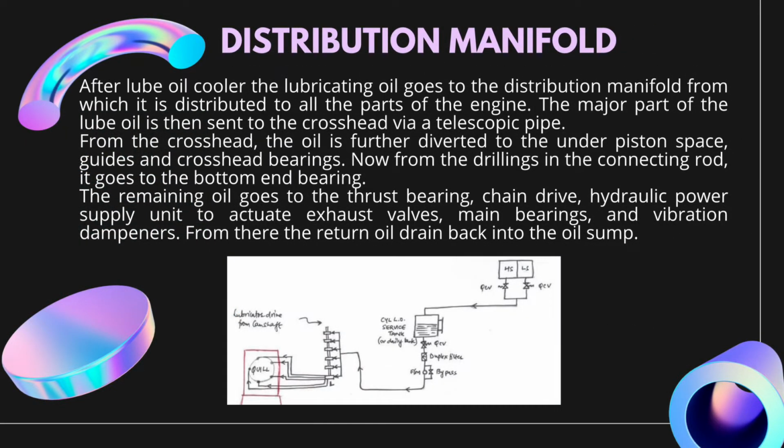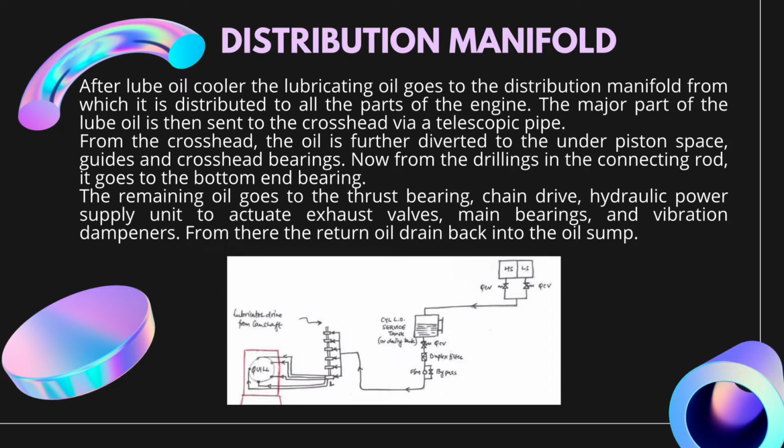Distribution manifold. After the lube oil cooler, the lubricating oil goes to the distribution manifold from which it is distributed to all the parts of the engine. The major part of the lube oil is then sent to the crosshead via a telescopic pipe. From the crosshead, the oil is further diverted to the under piston space, guides and crosshead bearings.